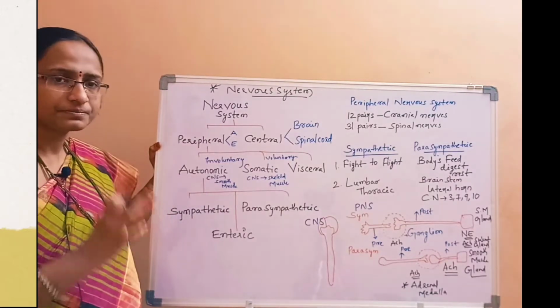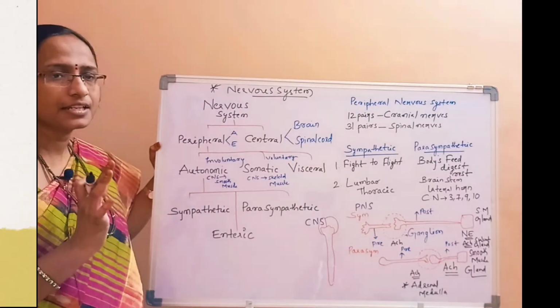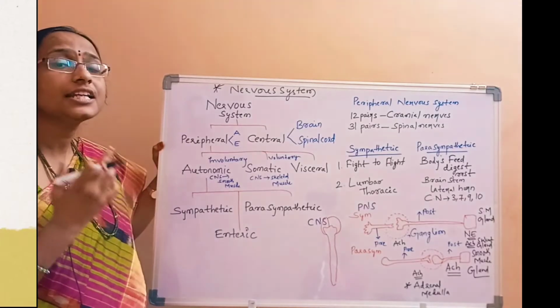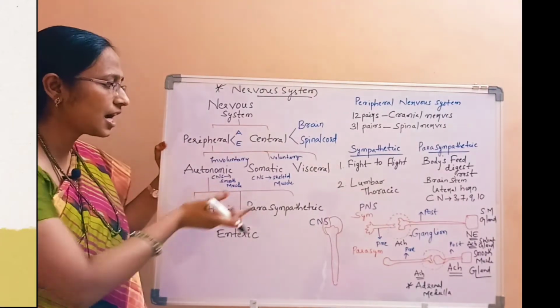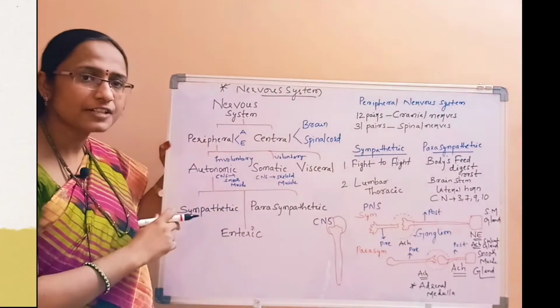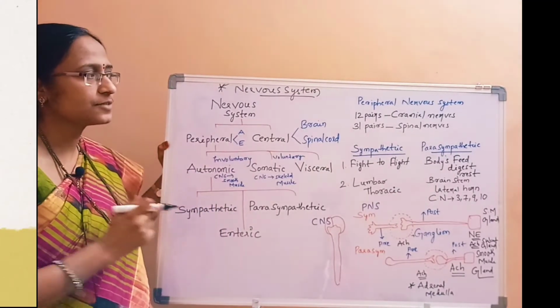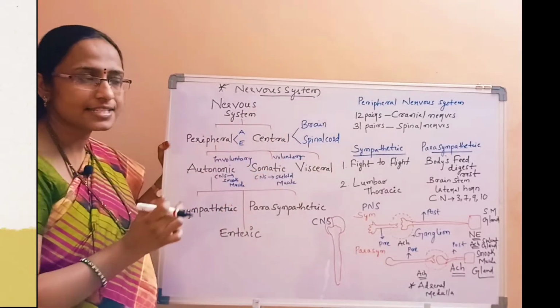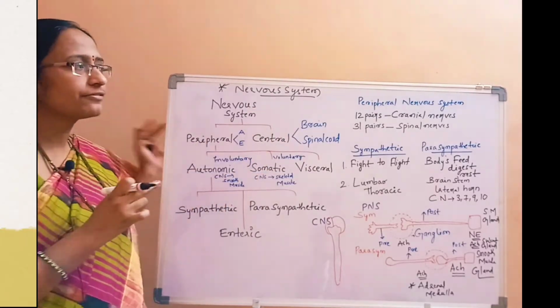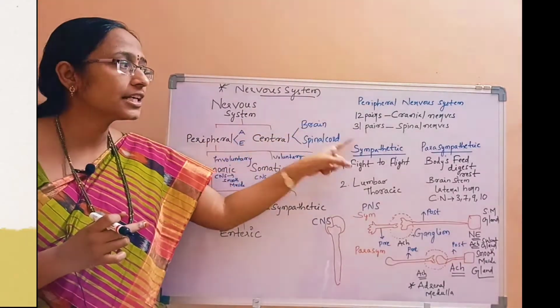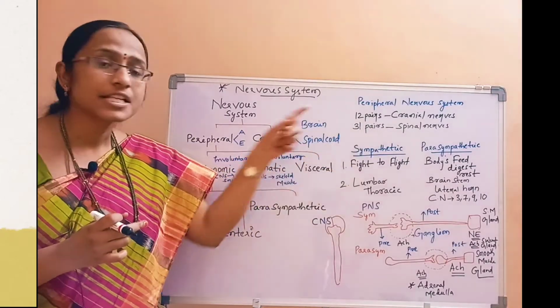Then further, a very important point to remember is the different types of nerves that come under the peripheral nervous system, which are a part of the somatic as well as the autonomic nervous system. There are 12 pairs of cranial nerves and 31 pairs of spinal nerves.